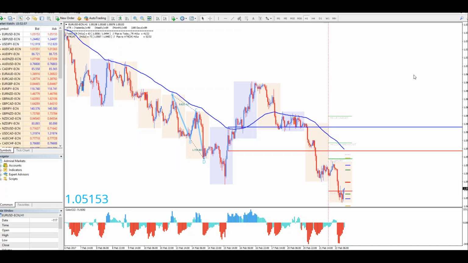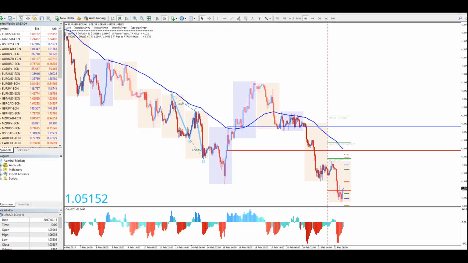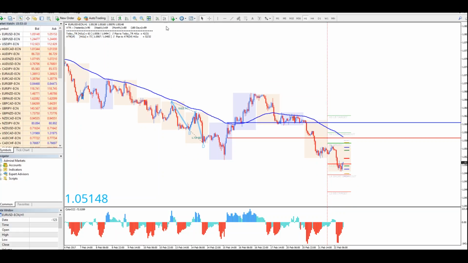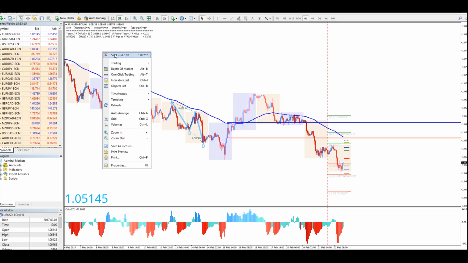But this downtrend definitely has to retrace, right? We cannot just sell into rallies and think that everything is just sell. So let's do a buy pending order, guys. Now we will go like this. New order.